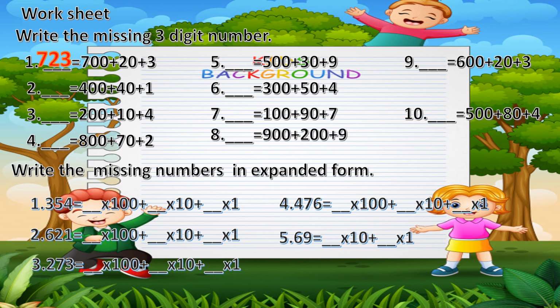Ready? 354, the missing expanded form is 3 times 100 plus 5 times 10 plus 4 times 1. Okay? It's easy for you. Now you're going to answer the rest, from 2, 3, 4, 5. Okay? You could do it. Okay, try.